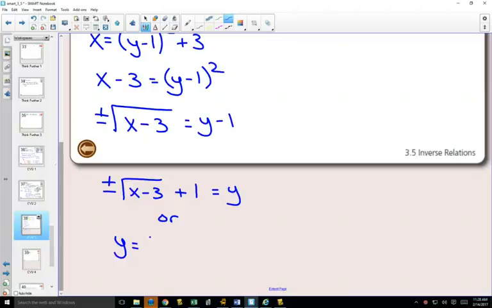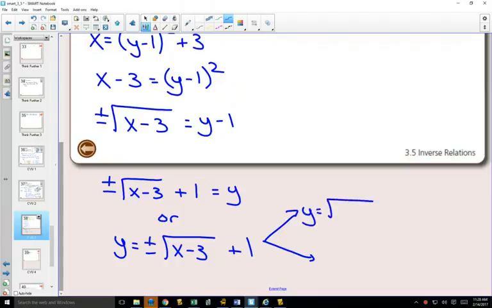And I'll just write it like this. This gives us two possibilities. It gives us one possibility where it's positive and one possibility where it's negative.